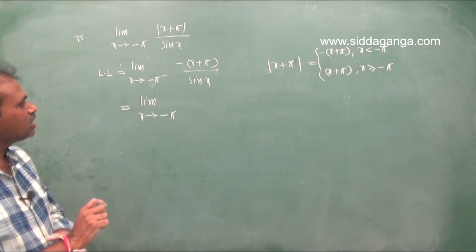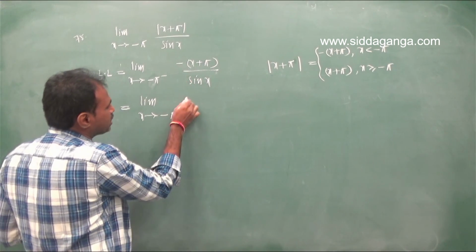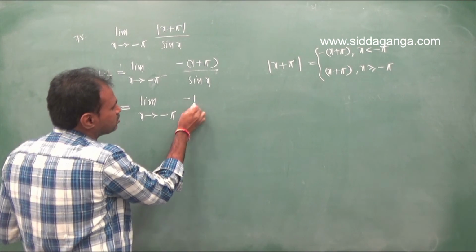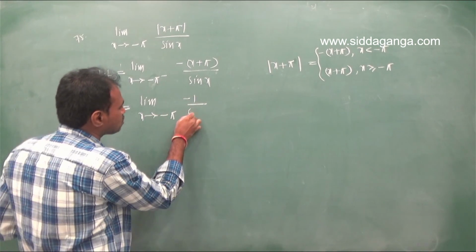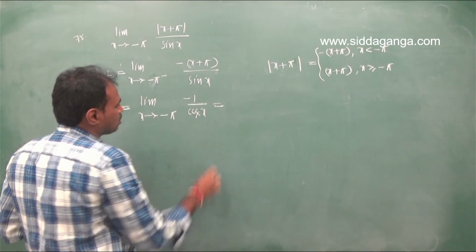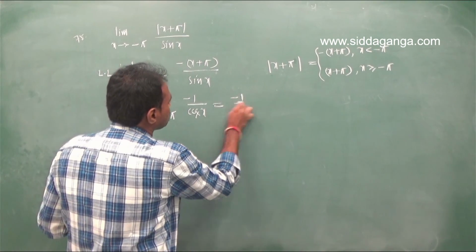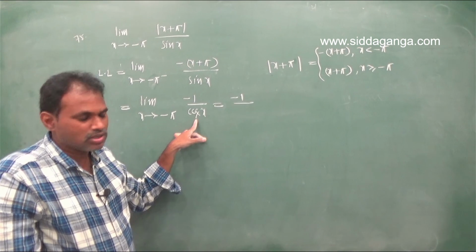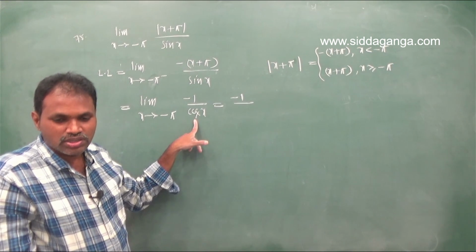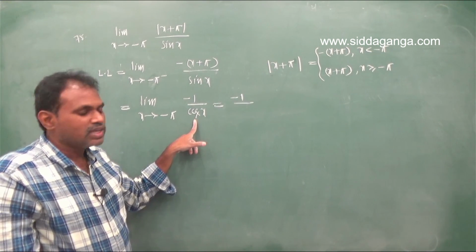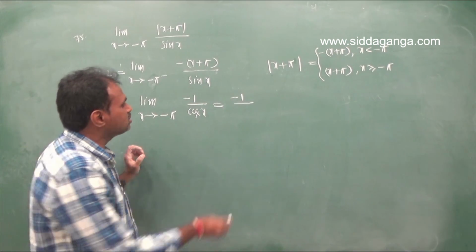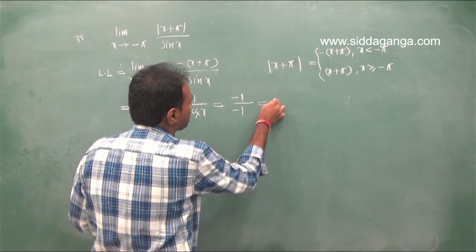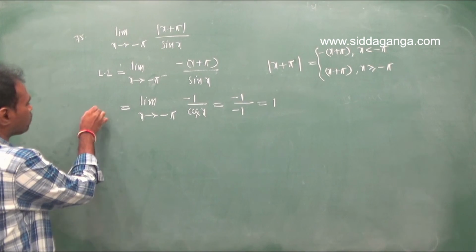That's why apply L'Hospital rule: minus x derivative is 1, pi derivative is 0, and sin x derivative is cos x. Therefore, minus 1 divided by cos of minus pi. Cos of minus theta is cos theta, so cos of minus pi is cos pi only. Cos pi value is minus 1. Therefore, minus 1 by minus 1 is 1. This is the left limit.